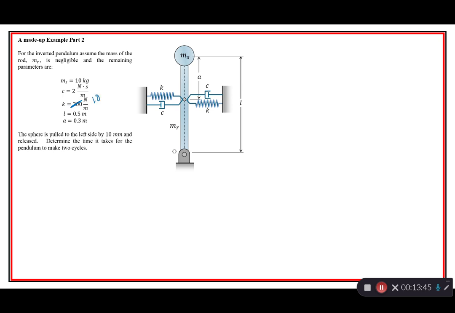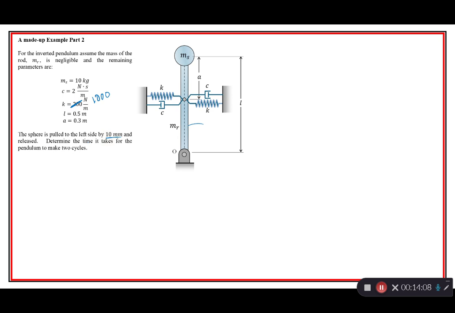So I increased this to 1,000 so we could throw some numbers at it. By the way, we want to make sure we're looking at this question as written carefully. So I've placed the numbers in here. I said the mass of this thing is negligible, and the sphere is pulled to the left by 10 millimeters and released.